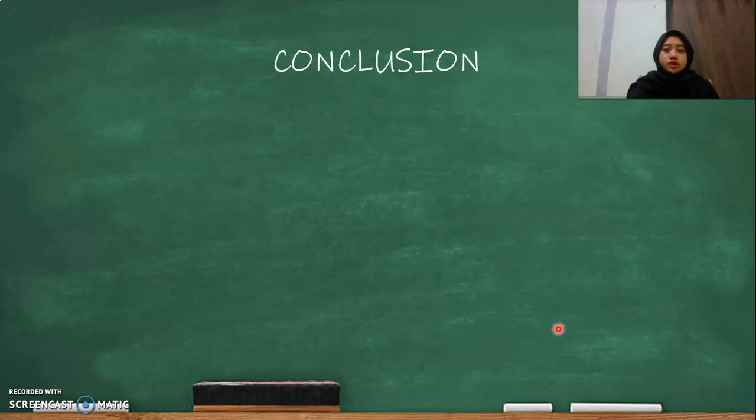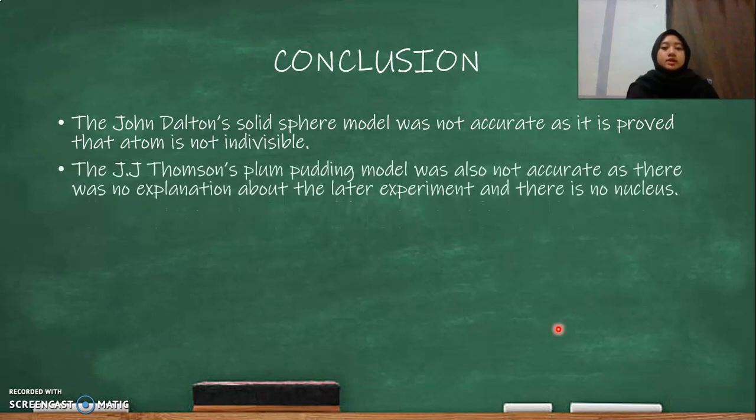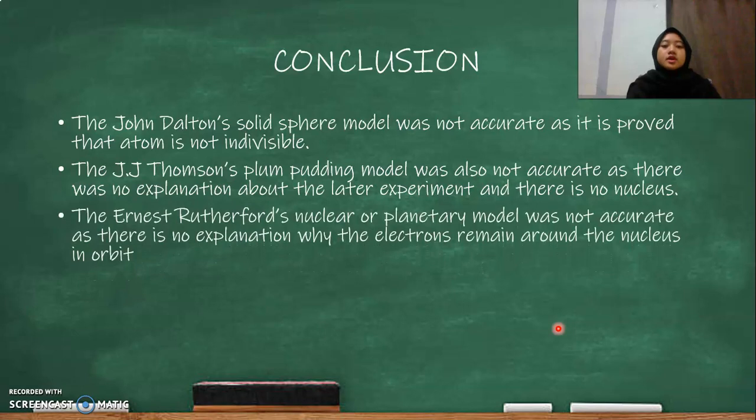So next is the conclusion. The first one, the John Dalton solid sphere model, is not accurate, as it is proven that the atom is not indivisible. The J.J. Thomson plum pudding model was also not accurate, as there is no explanation about the later experiment and there is no nucleus in his atom. The Ernest Rutherford nuclear or planetary model was also not accurate, as there is no explanation why the electrons remain around the nucleus in orbit.